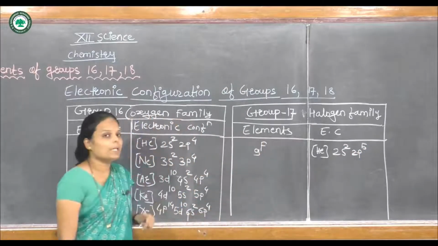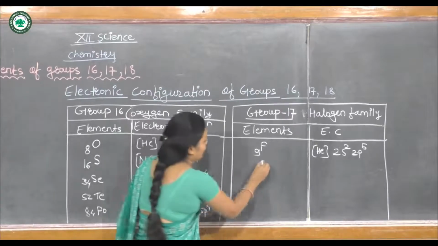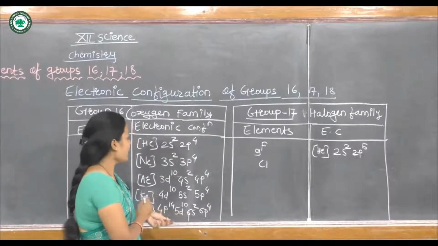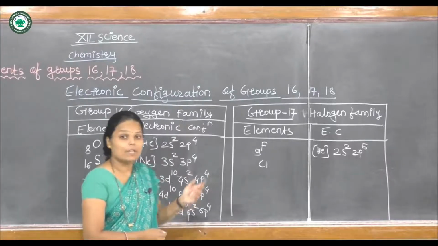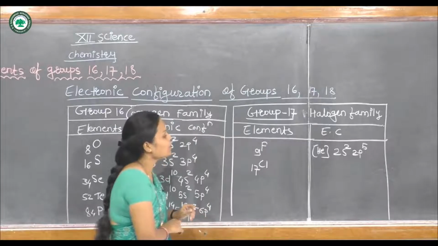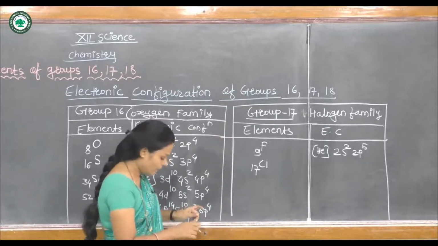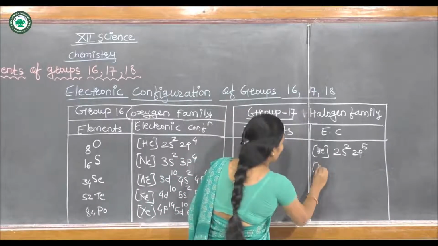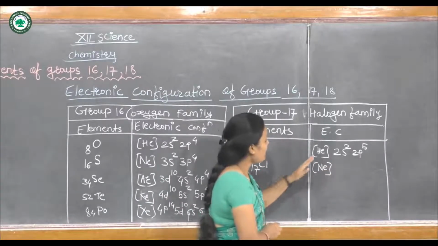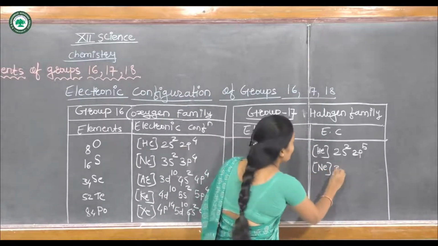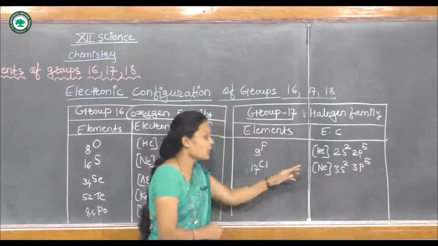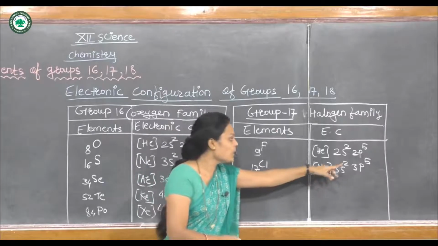Now the next element is chlorine, its atomic number is 17. It is represented by neon, and its electronic configuration is 3s2 3p5.